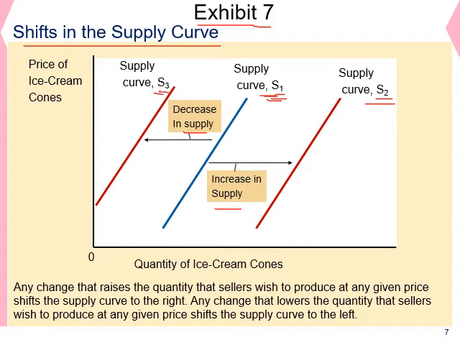So the increase from S1 to S2 is known as a positive shift. Supply will increase and move to the right. The shift from S1 to S3 is known as a negative shift. The supply will decrease and move to the left.